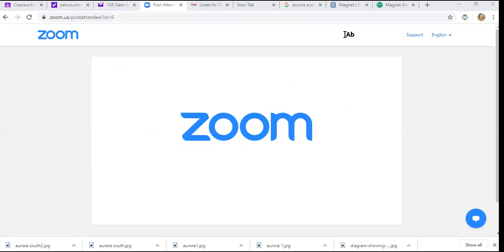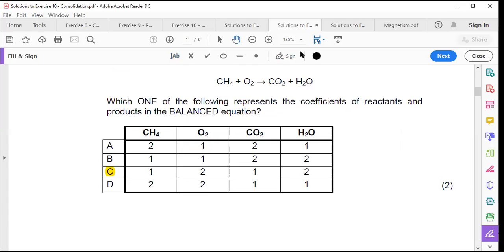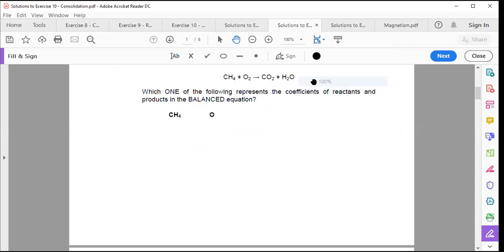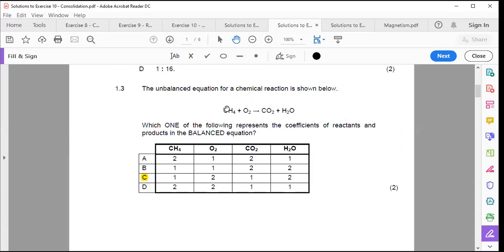Let's look at this one. You've got your CH4. Carbon here is 1. Right? And carbon here is also 1. Right? So carbon is balanced. Then you look at hydrogen. Hydrogen, you've got 4. And this side, you've got 2. So hydrogens are not balanced. So what do you need to do?